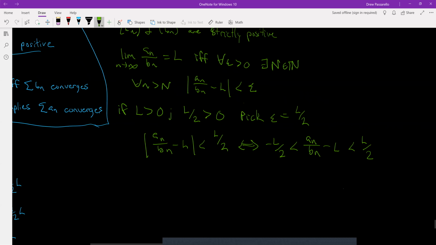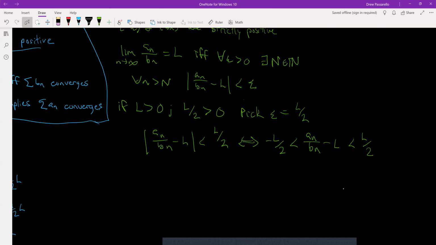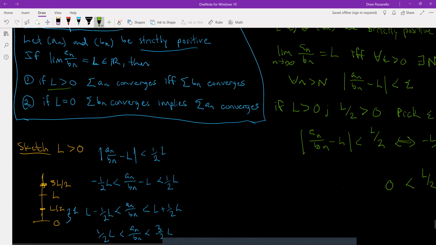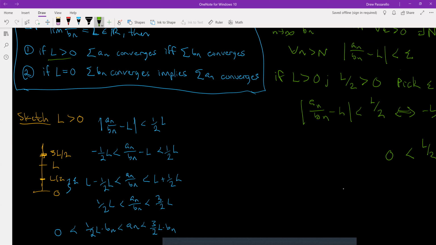So then I add L. So L plus negative L over 2 is L over 2. So I have L over 2 less than an over bn. And then L plus L over 2 is 3L over 2. All right, so I have those, and we know L over 2 is greater than 0. So I'm kind of already doing the proof that I've already written here, but I drew a visual. Maybe it helps that we have our limit L, and some epsilon above, some epsilon below.